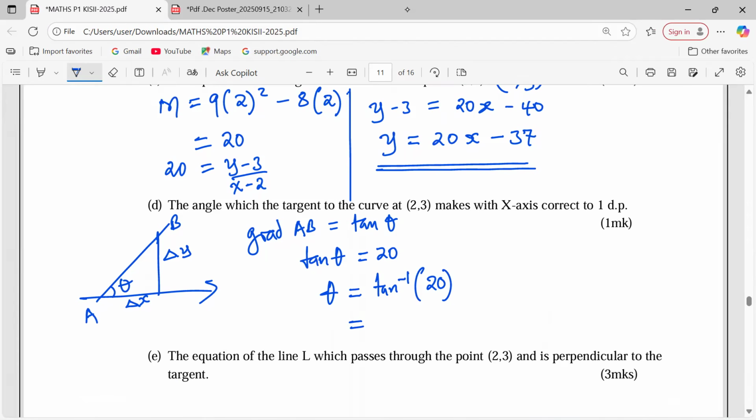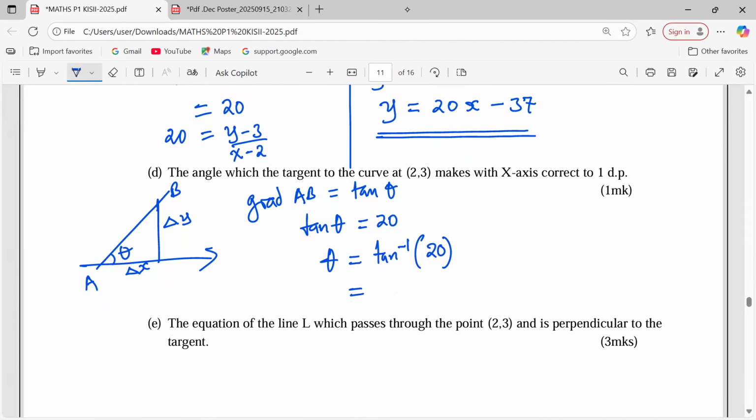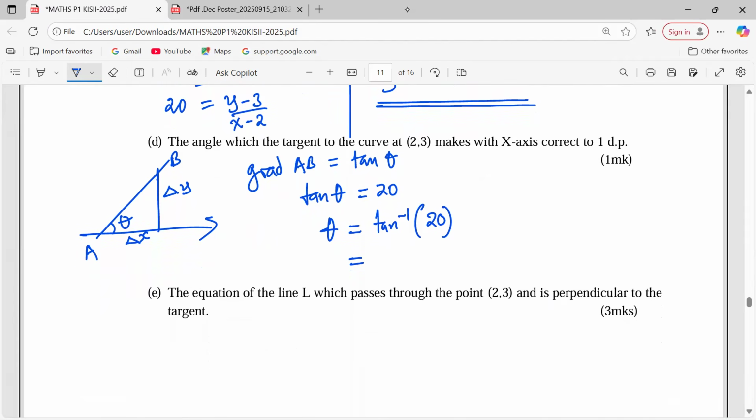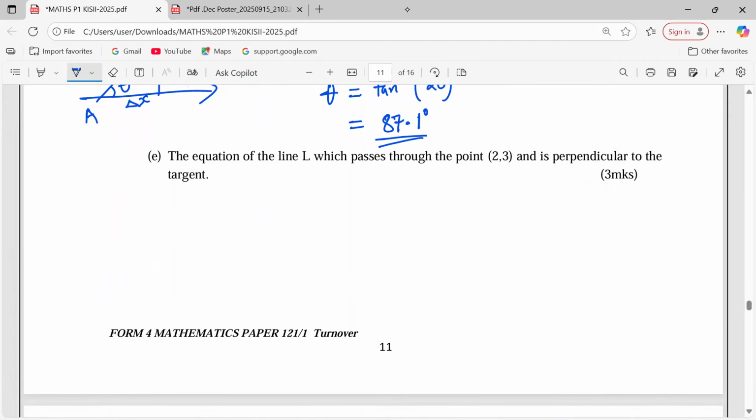This gives us 87.14, which is just 87.1 degrees, because we've been told to 1 decimal place. So we're supposed to follow instructions keenly.